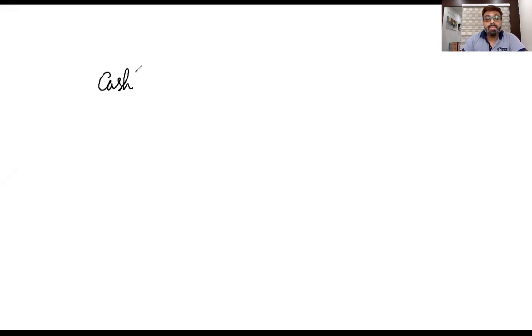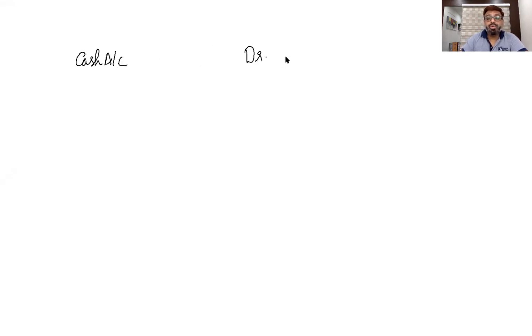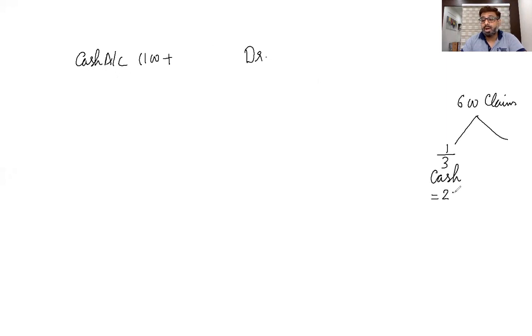Cash comes in, debit what comes in? Cash account debit. How much? You sold damaged goods for 100, plus 1/3 of the 600 insurance claim, which is 200.